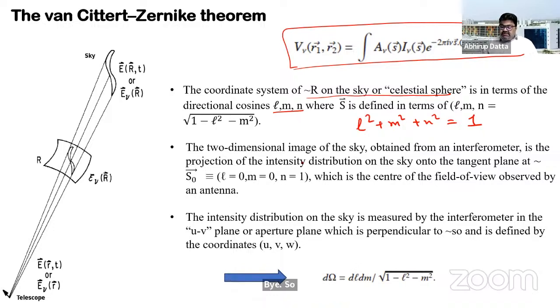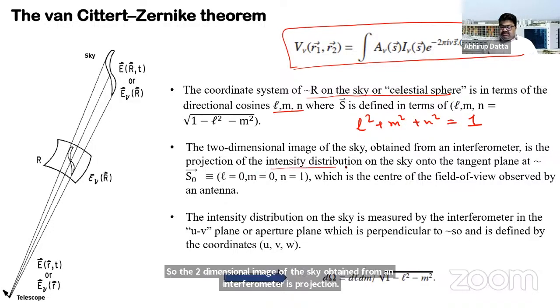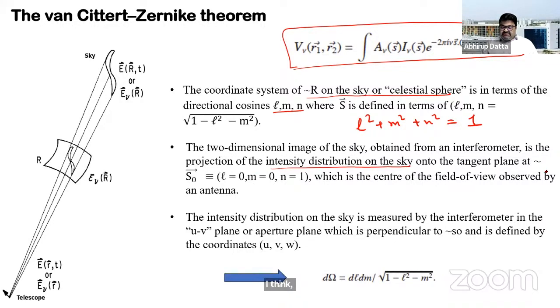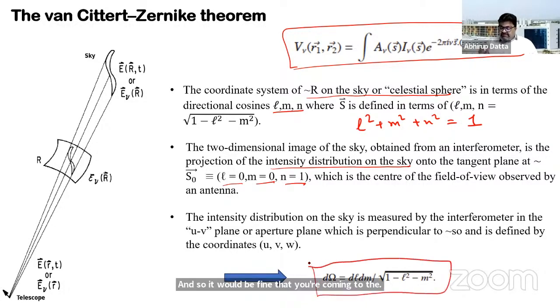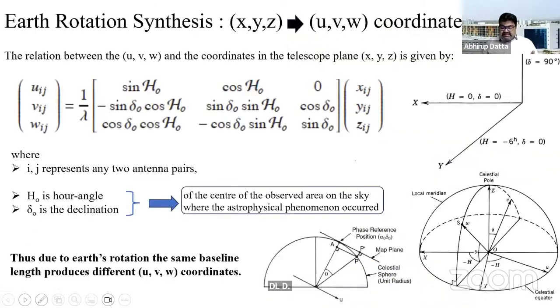So the two-dimensional image of the sky obtained from an interferometer is a projection of the intensity distribution on the sky onto a tangent plane at S0, which is L equal to 0, M equal to 0, and N equal to 1, which is the center of the field. Okay. And if you define that, we are coming to the geometry, then finally this d omega can be expressed in terms of dl dm over the square root of 1 minus L square minus M square.